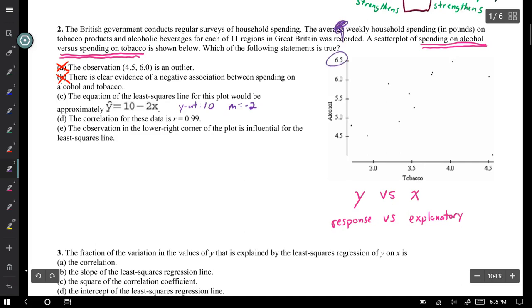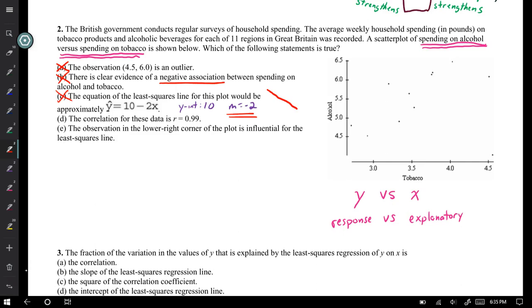It would be way, way up here. So I don't think that looks right, but I wouldn't cancel it out for that. I really focus on this: a slope of negative 2 for your least squares regression line would mean a negative correlation, a negative association, which is the same thing we canceled out in B. So the slope itself tells me that there's no way it could be C.